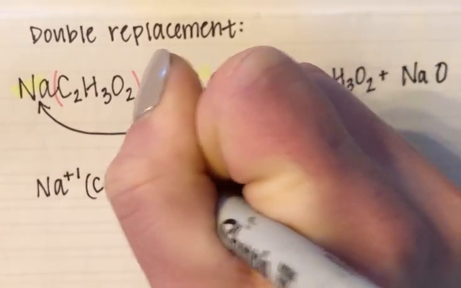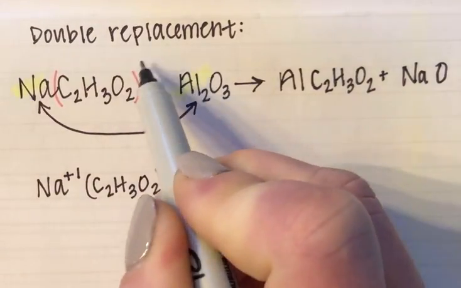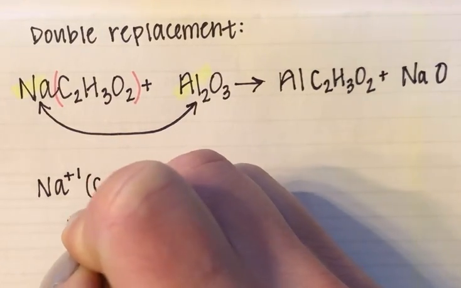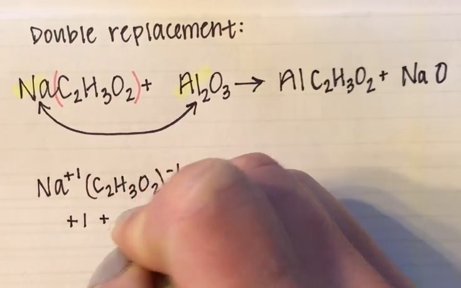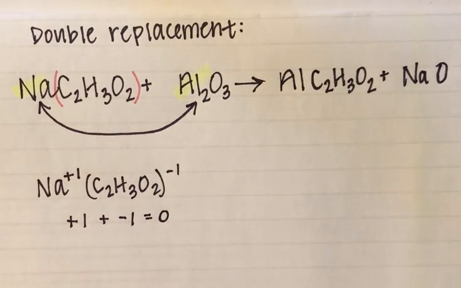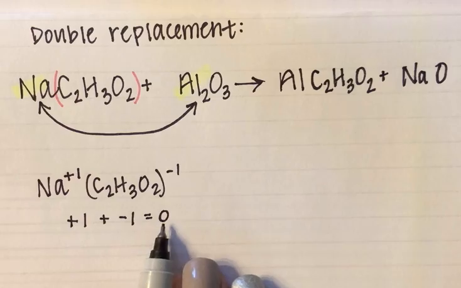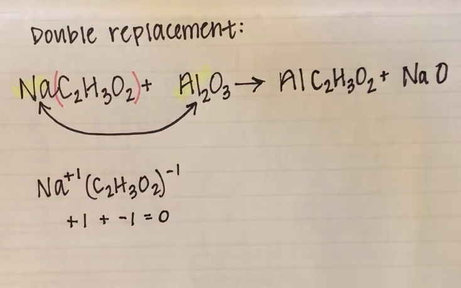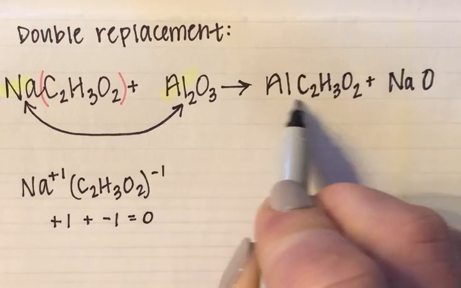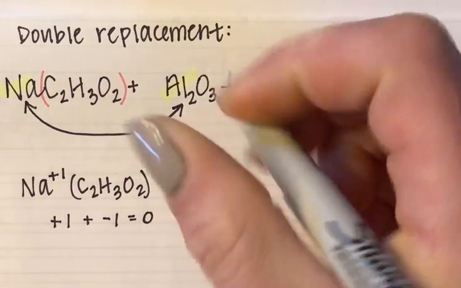And the reasoning behind that is that we have no charge associated with the total compound. So we know that +1 plus a -1 has to equal 0. And so we've talked a lot about how the sum of our charges should equal 0 if we have a neutral compound.